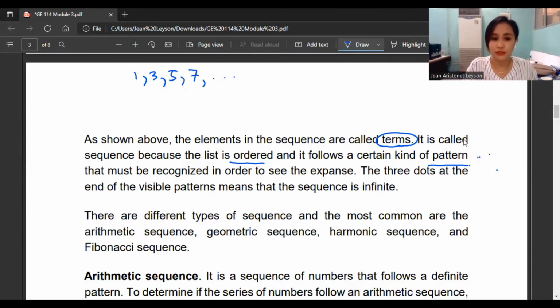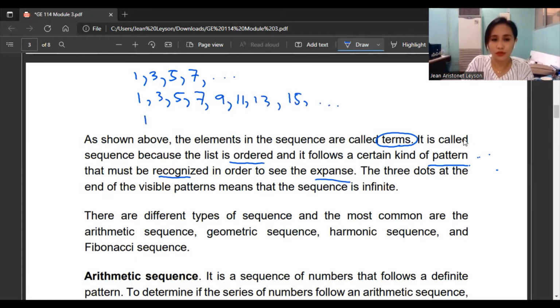The pattern must be recognized in order to see the sequence. So let's say, for example, we have set A: 1, 3, 5, 7, 9, 11, 13, 15, and so on.